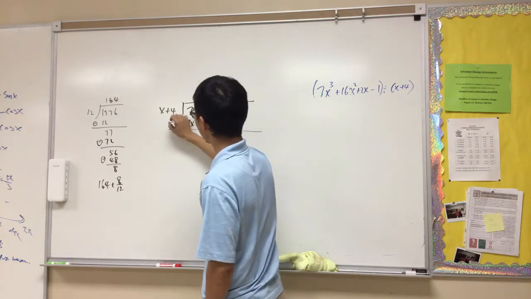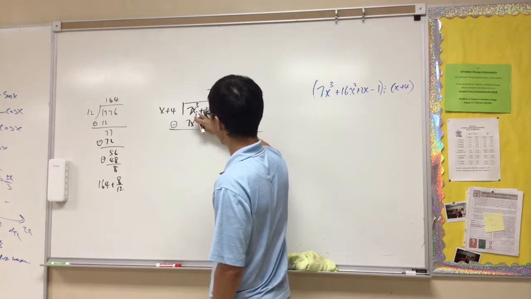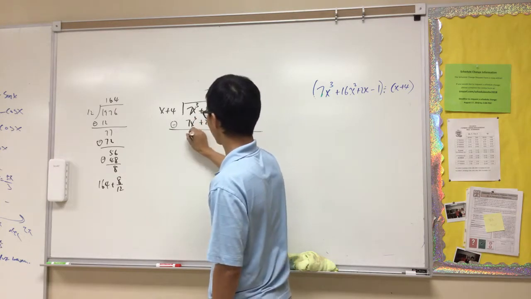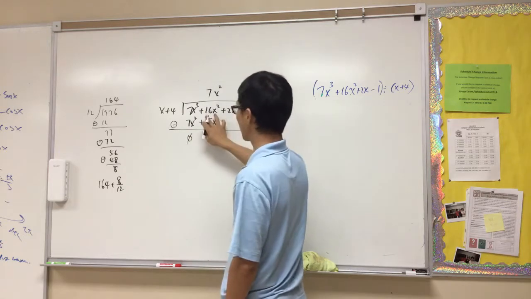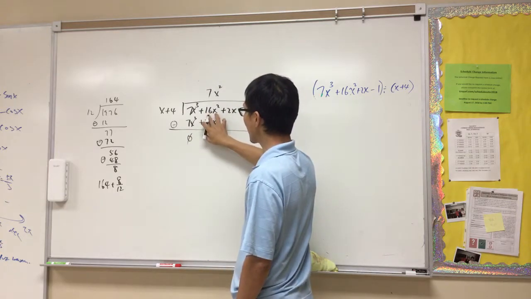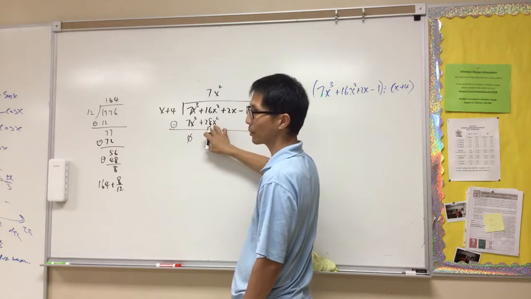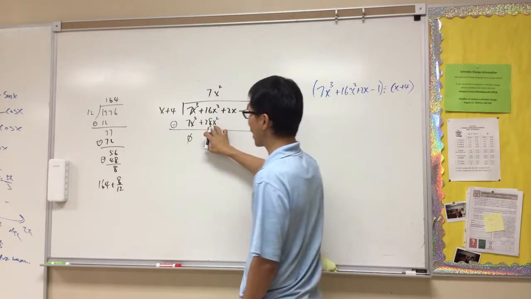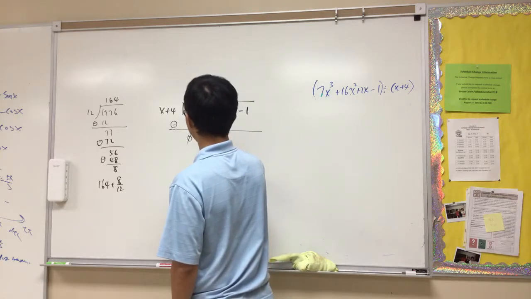With this negative sign here, 7x cubed subtract 7x cubed is 0. But pay attention to the subtracting part, because 16x squared subtract 28x squared is what? It's negative, not positive.